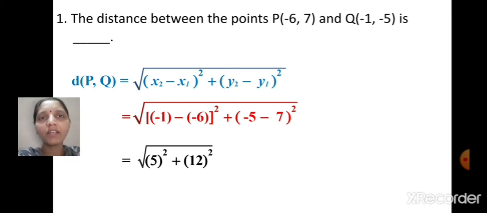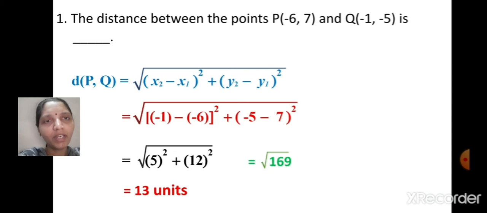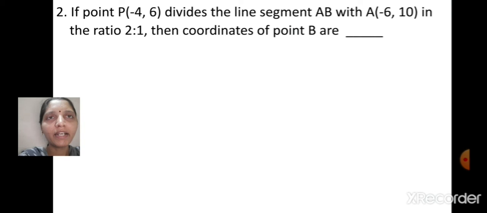Okay, so sign conventions you should know, where you have to do the addition and where you have to find the difference. Then that is equal to the square root of 169, which is equal to 13 units. So that means the distance between point Q and point P is 13 units. Okay, so with this let's move on to the next question.